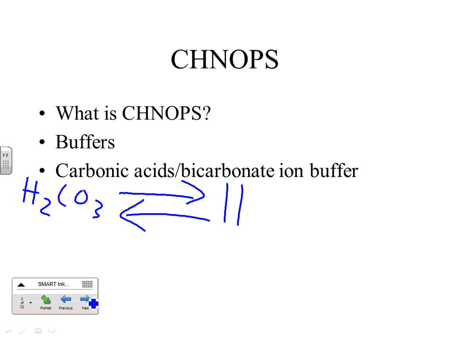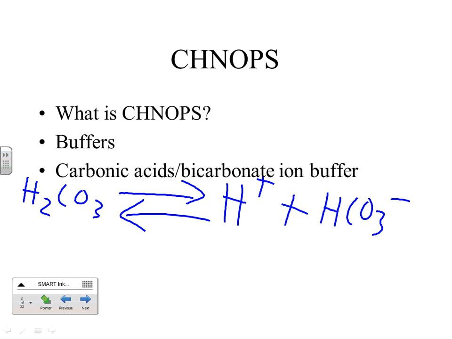We're just going to write it as hydrogen. And what would be left? What ion would be left? Hence the name of the buffer system. Bicarbonate, which is HCO3 minus 1. That's the bicarbonate ion.